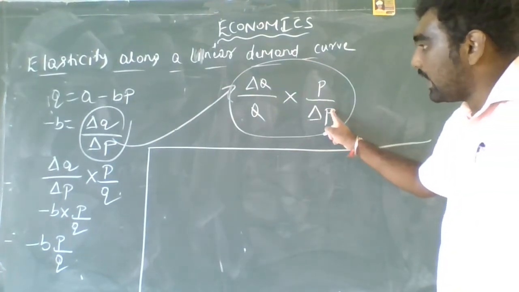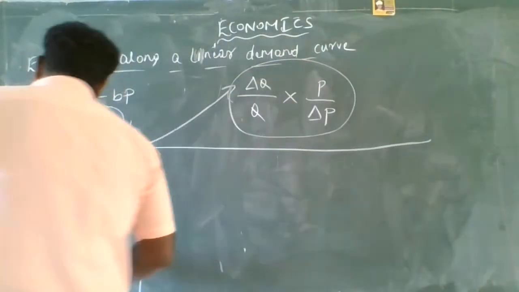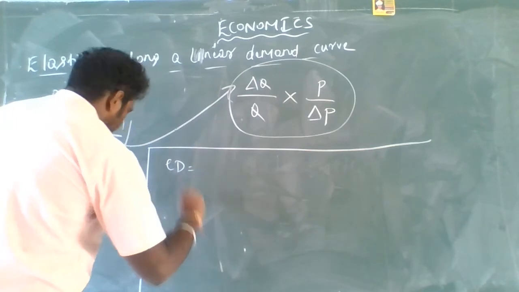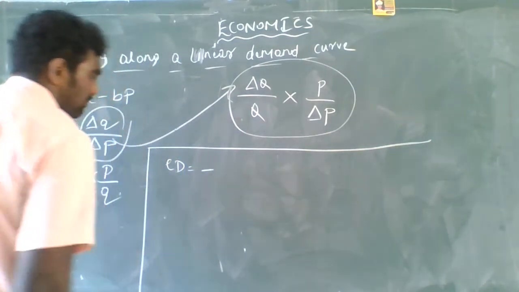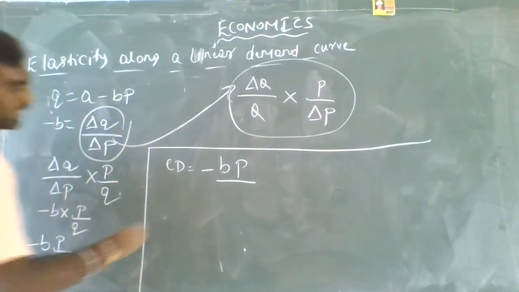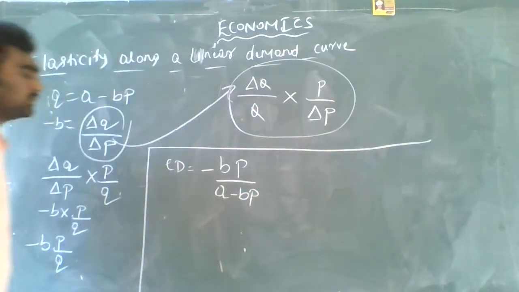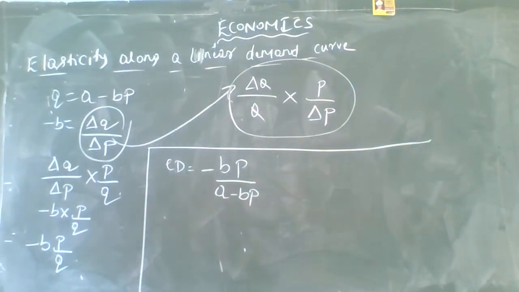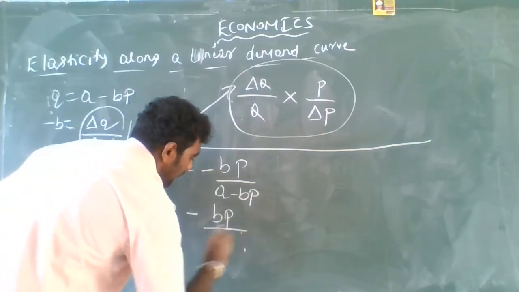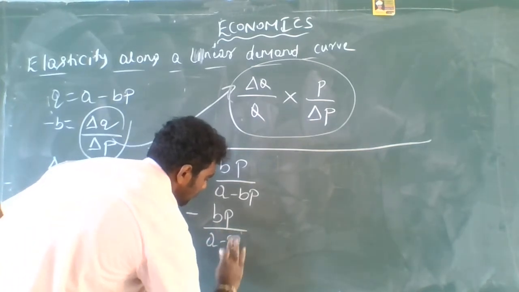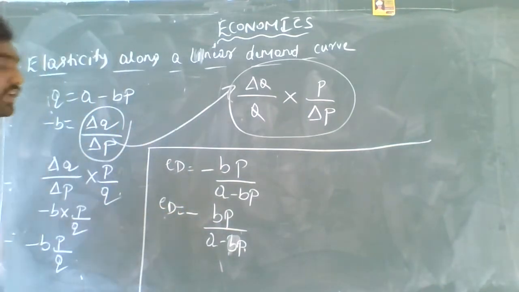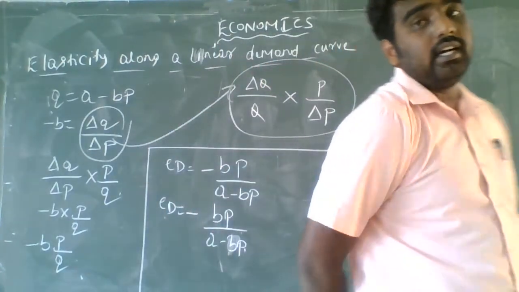I merged both equations and arrived at minus B into P divided by Q. So elasticity of demand can be written as minus BP divided by Q, which is nothing but minus BP divided by A minus BP, since Q equals A minus BP. So ED is minus BP divided by A minus BP. This is the equation of elasticity of demand along a linear demand curve.